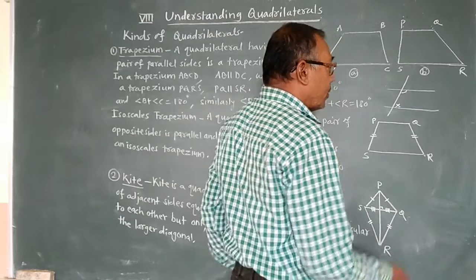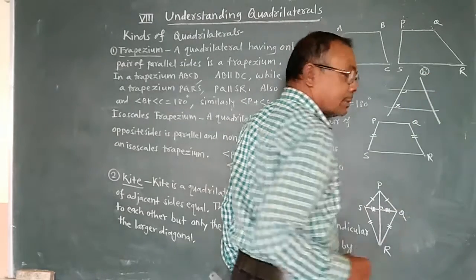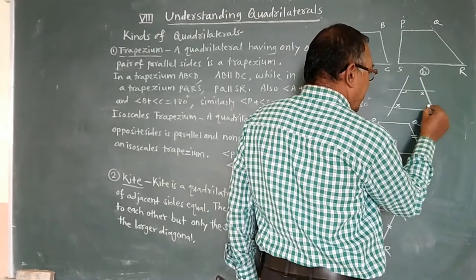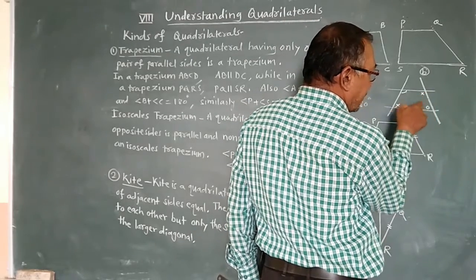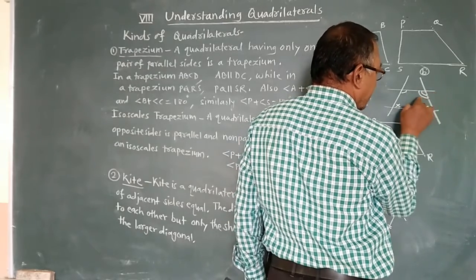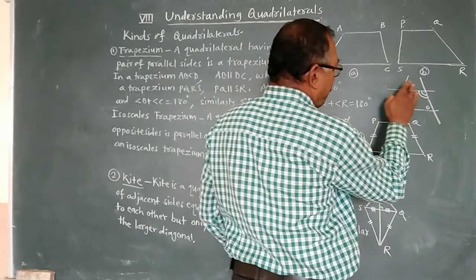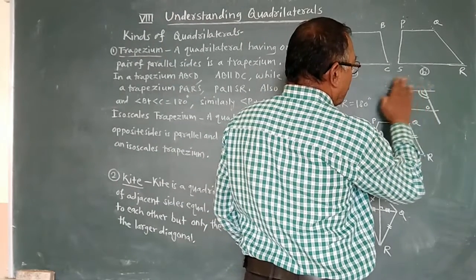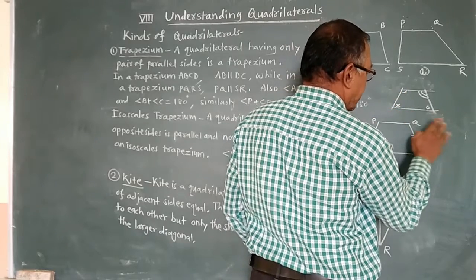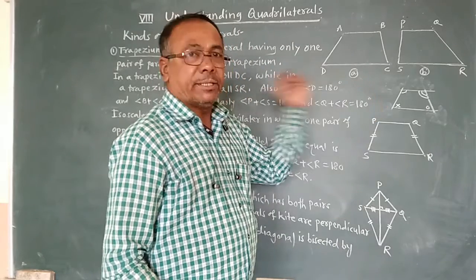Here, if we draw another transversal, then this angle and this angle, these two angles, are supplementary, and if we remove this part of the segments, then we will get a trapezium.